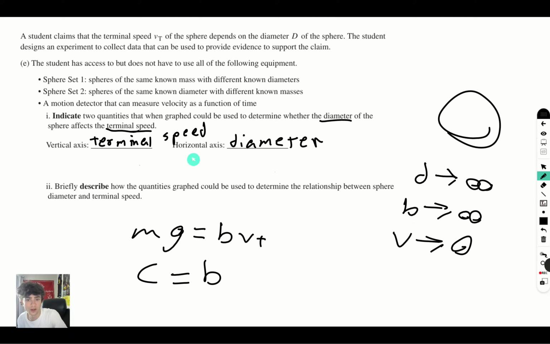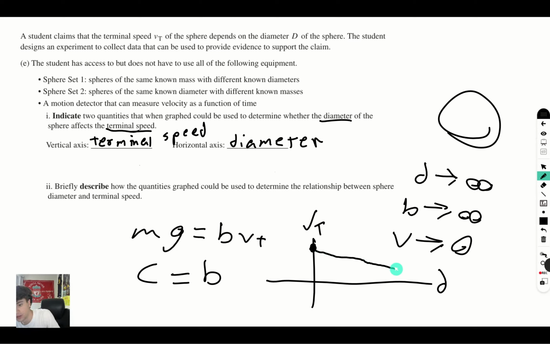So when we're graphing diameter versus velocity, we can see here that the terminal velocity is going to have an initial value depending on the mass of the ball you begin with and the radius, and as it progresses, the terminal velocity is going to decrease as the diameter of the ball increases. That's how I went about it, and that's the solution I came up with.